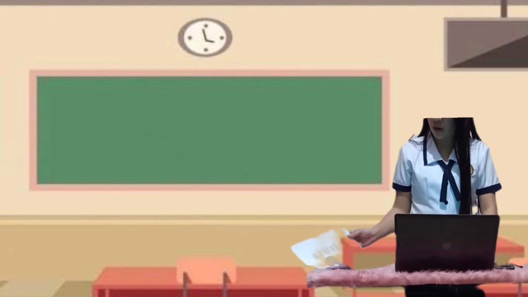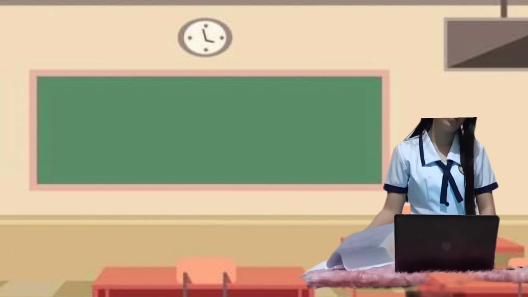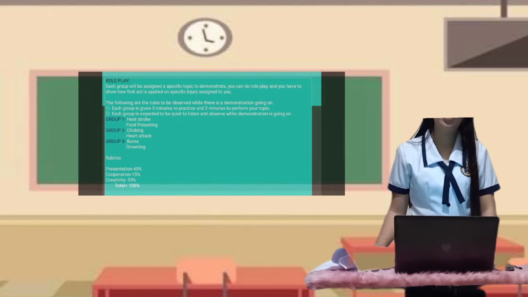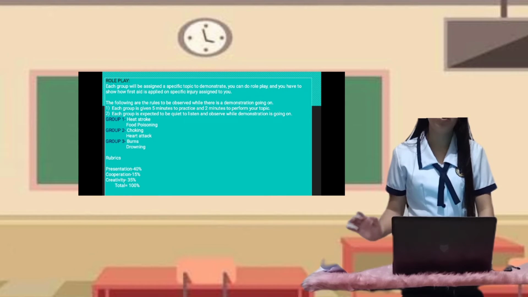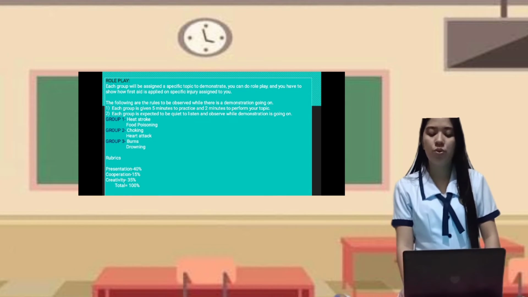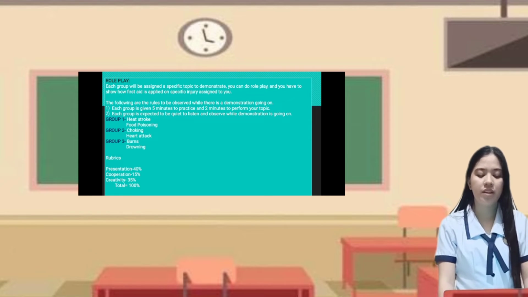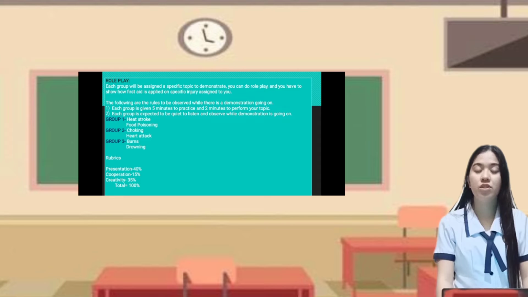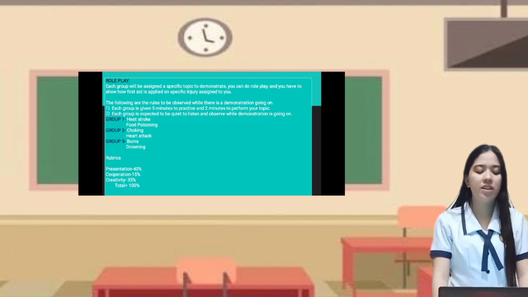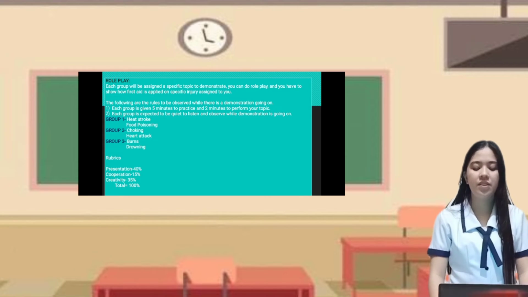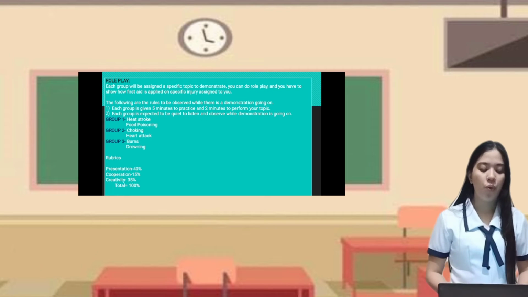So, here is what you are going to do. Each group will be assigned a specific topic to demonstrate. You can do role play and you have to show how first aid is applied on the specific injury assigned to you. The following are the rules to be observed while a demonstration is going on.